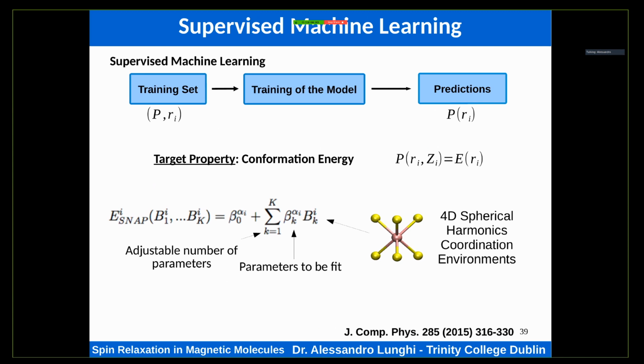So I would say this is very easy to train. You can do it in an automatic fashion, and that would be my first choice if you have a relatively small system or just one molecule or a few molecules. If you're thinking about projects where you have to, let's say, run a regression on the entire chemical space, and you want to include, I don't know, millions of different structures, probably this model is too simple. So you need to increase the complexity and go to neural networks. But in that case, you need to bear in mind that you're increasing the flexibility of the model, so you have more parameters at your disposal.